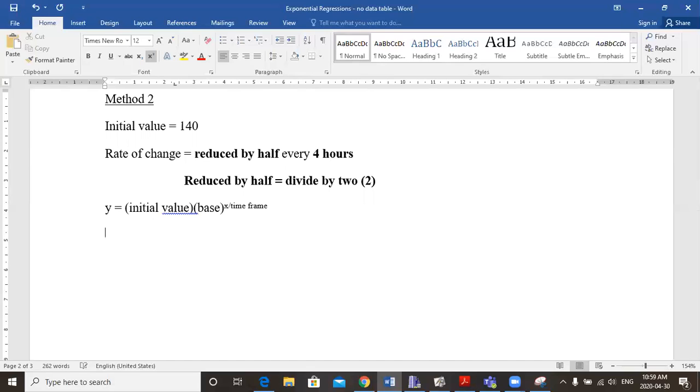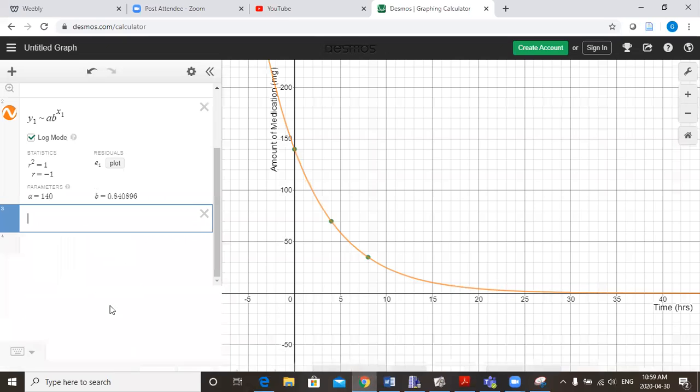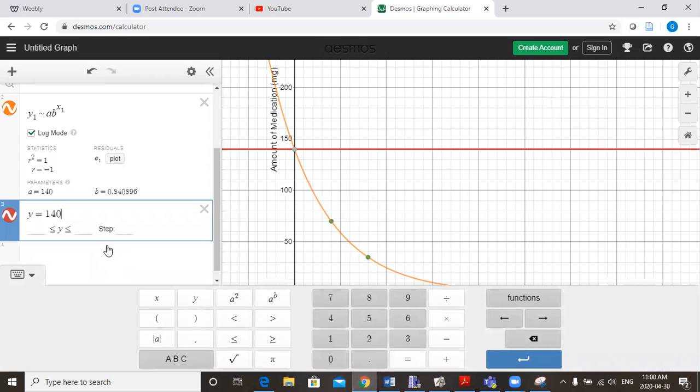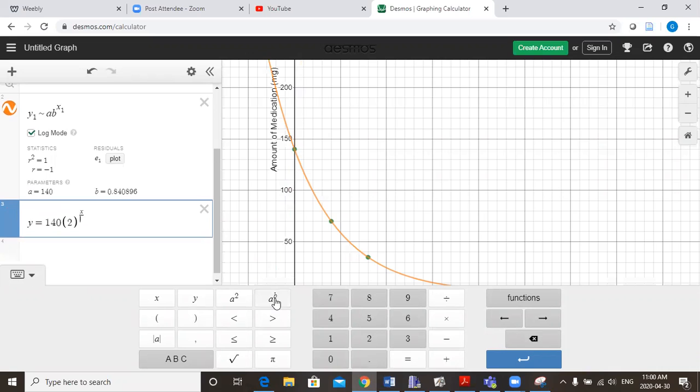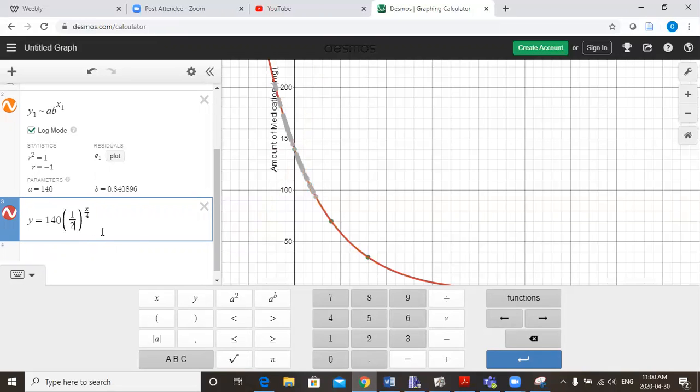So the model would be y equals 140 times 2 to the power of x over 4. If we go up into Desmos and type that equation in, y equals 140 times 2 to the power of x divided by 4, sorry, 1/2. My apologies.